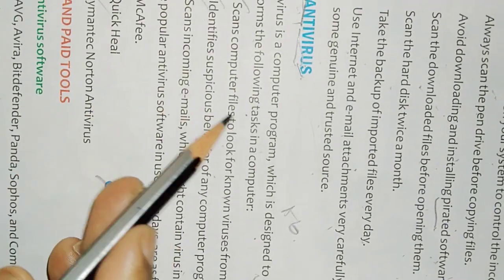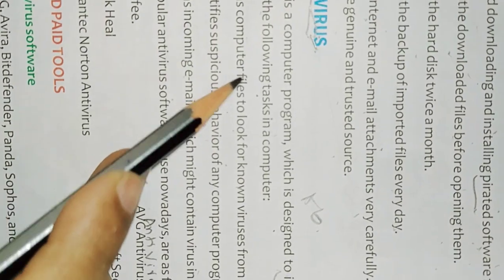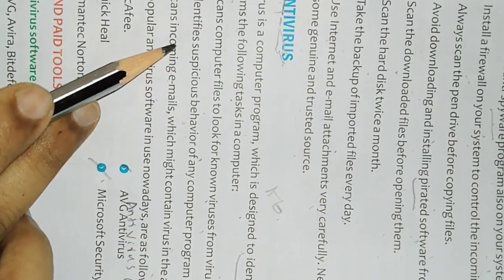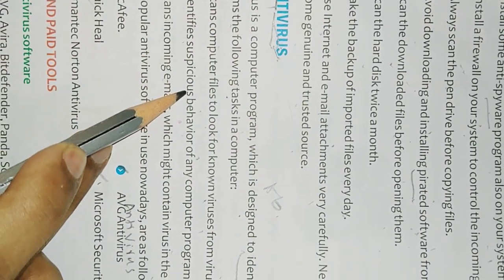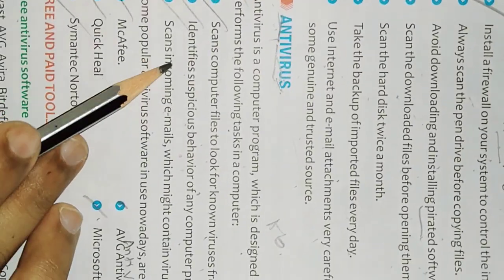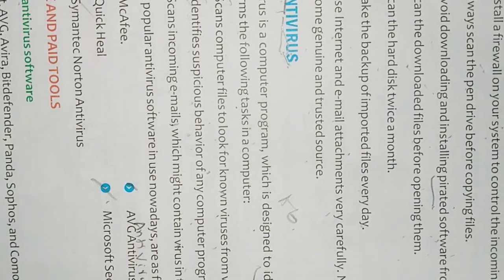So these are the things the antivirus program does: it scans the computer files to look for known viruses from the virus dictionary and tries to remove them, identifies suspicious behavior of any program and removes it, and scans your emails for viruses in attachments.